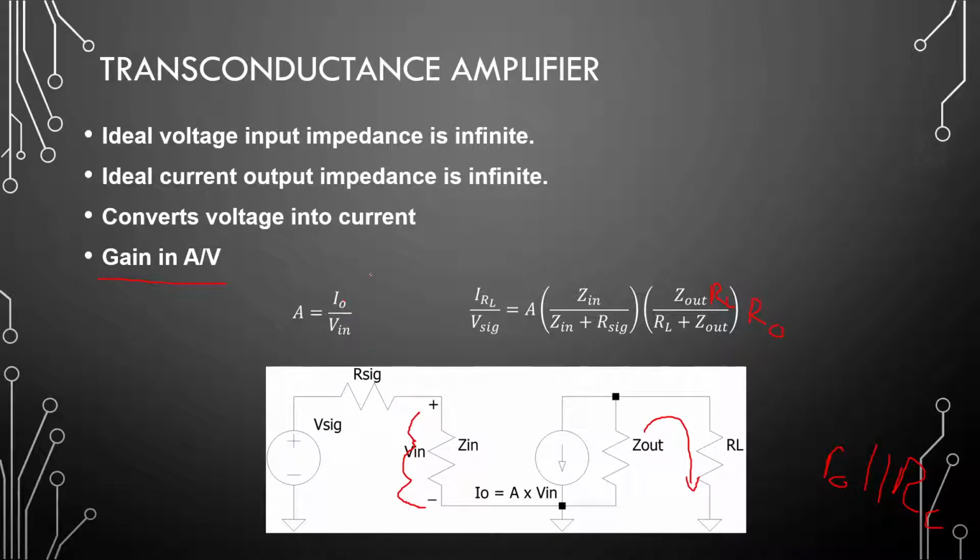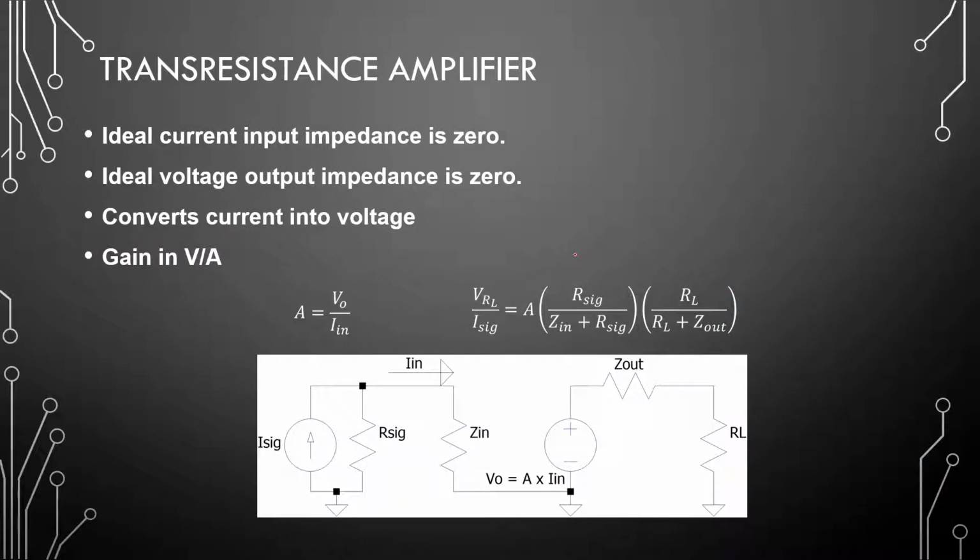Right. So the main goal of transconductance amplifiers is to convert voltage into current. Transresistance amplifiers. Gain is in volts per amp and it converts current into voltage. So we should have a current input going into some input impedance. So ideally this should go to 0.